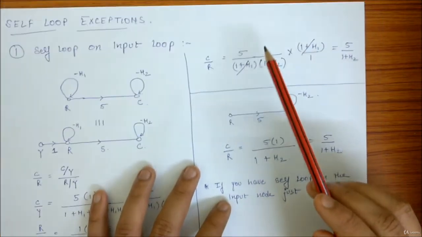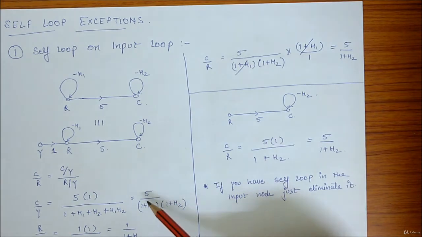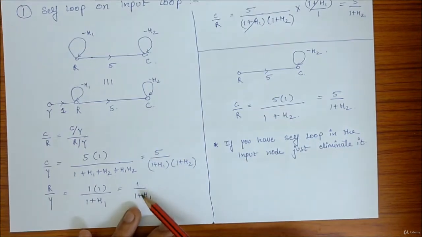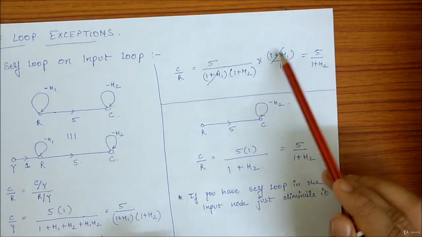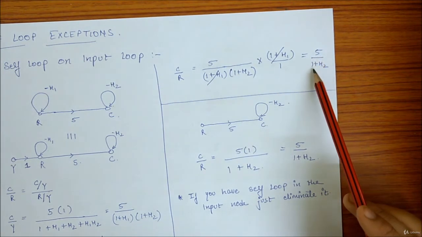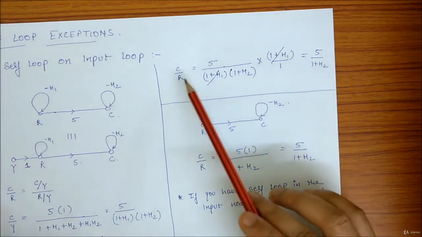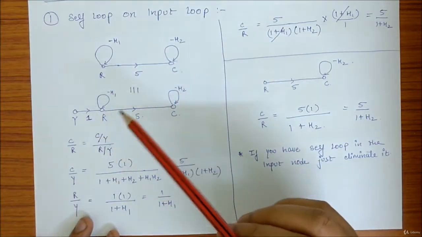So you can see my r by y is 1 plus h1. Now if you divide these two, c by r will be 5 divided by 1 plus h1, 1 plus h2, divided by 1 plus h1. So this term and this term get cancelled, and you finally get 5 divided by 1 plus h2. This will be my transfer function c by r. This is the way to approach.